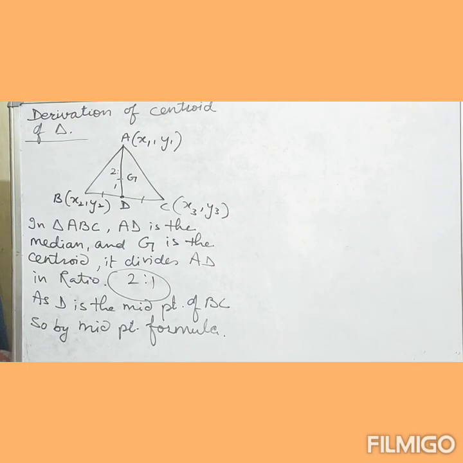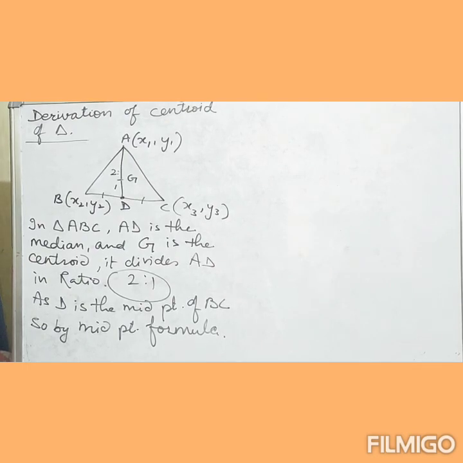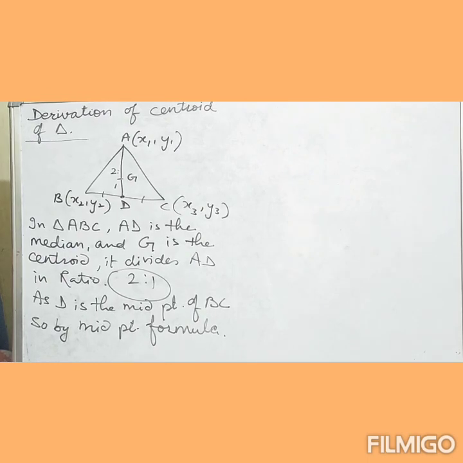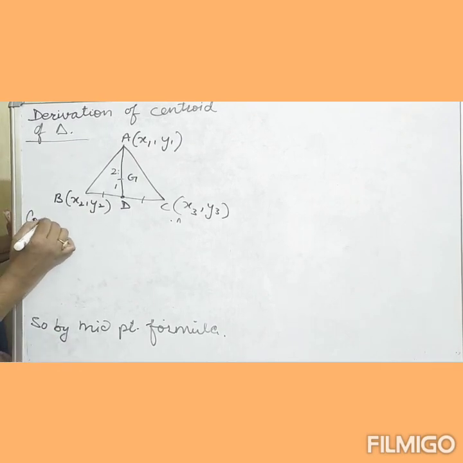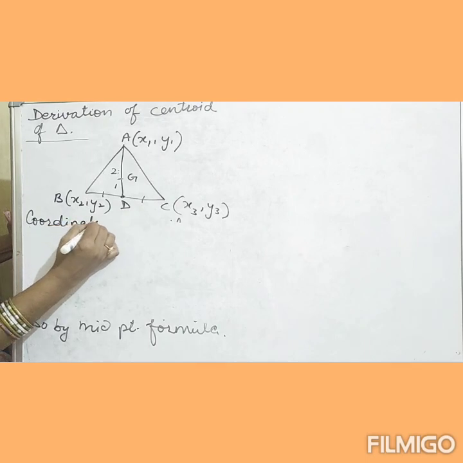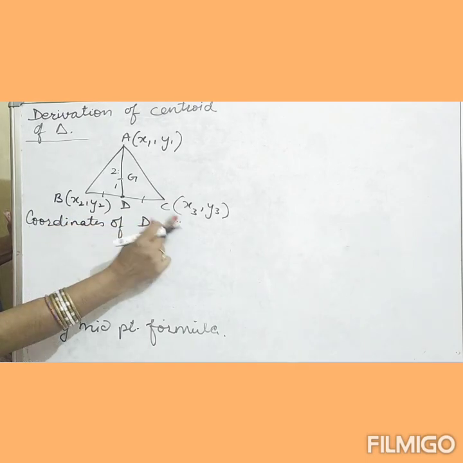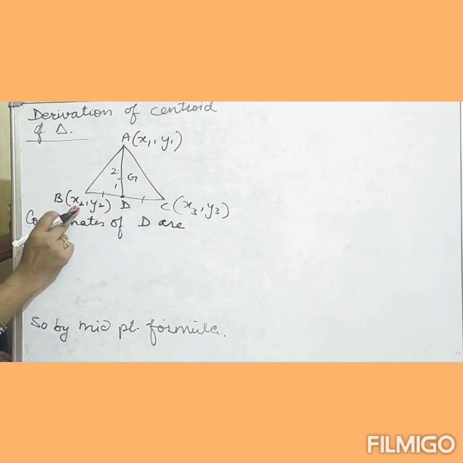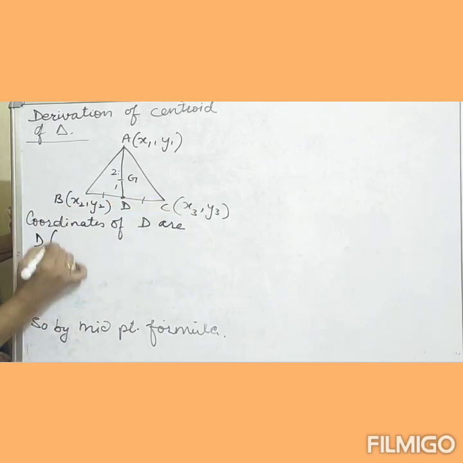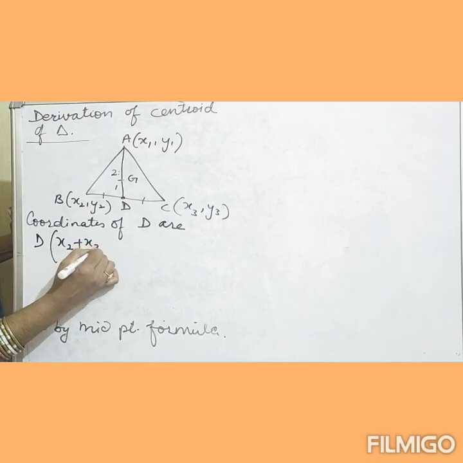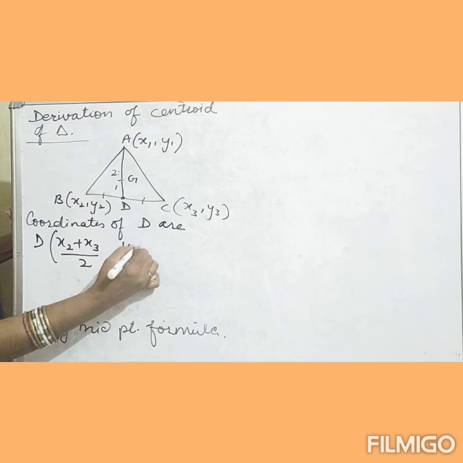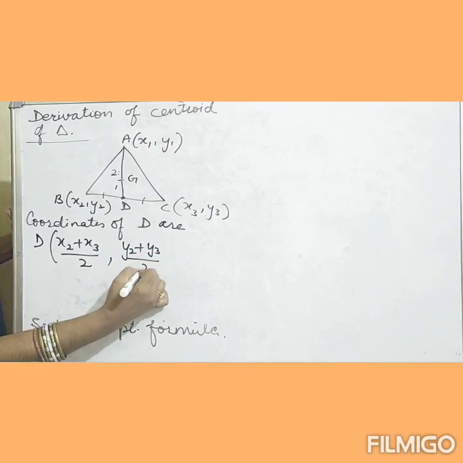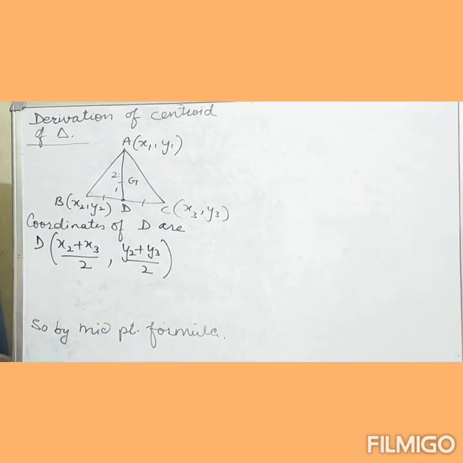It is (x1 plus x2) by 2, (y1 plus y2) by 2. So the coordinates of D will be (x2 plus x3) by 2 and (y2 plus y3) by 2.